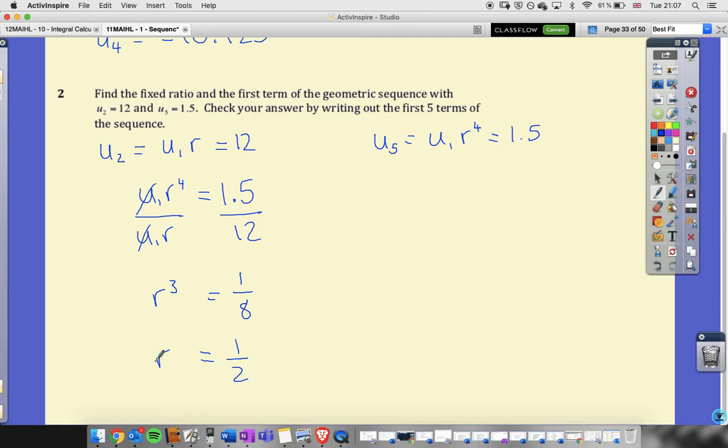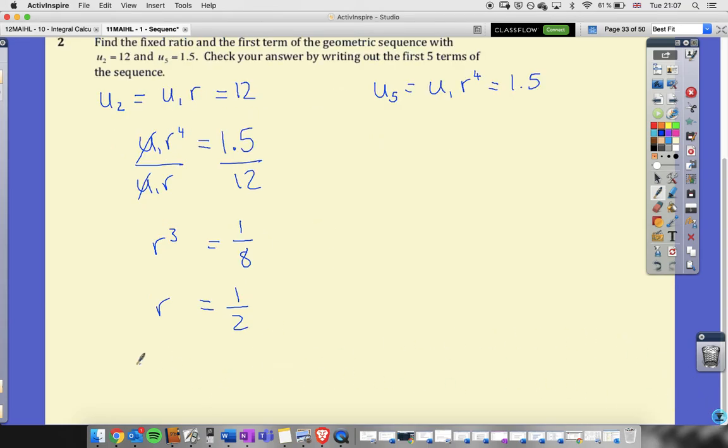Now, to find u1, I guess the simplest way would be to put r back in here. u1 times 0.5 equals 12. So if I divide 12 by 0.5, I'd get 24, and that should be my first term.